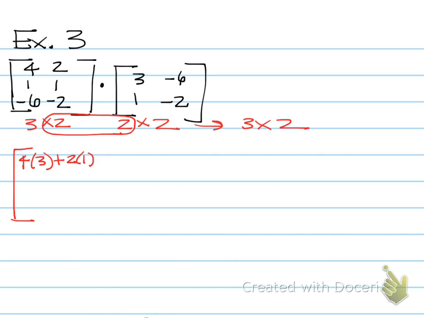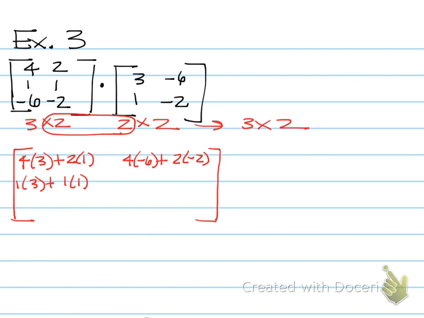All right, so we just repeat that process. First row of the first matrix, multiply that by each one of the columns of the second matrix. So first row times the first column, 4 times 3 plus 2 times 1. First row of the first matrix times the second column of the second matrix gives us 4 times negative 6 plus 2 times negative 2.